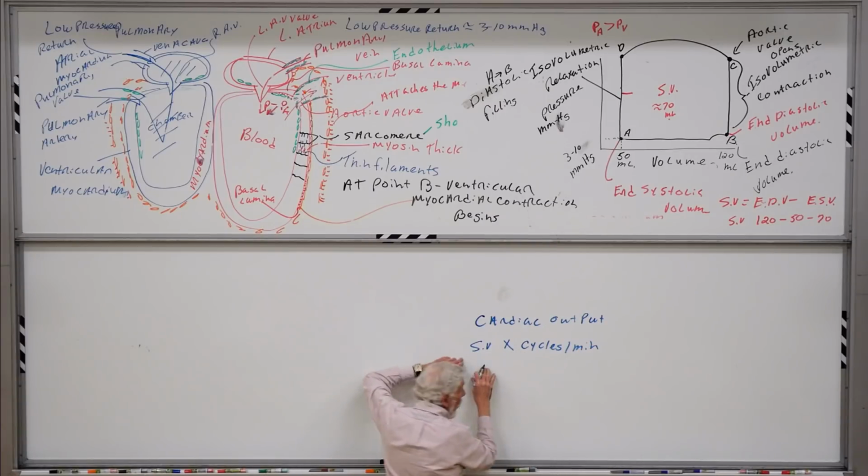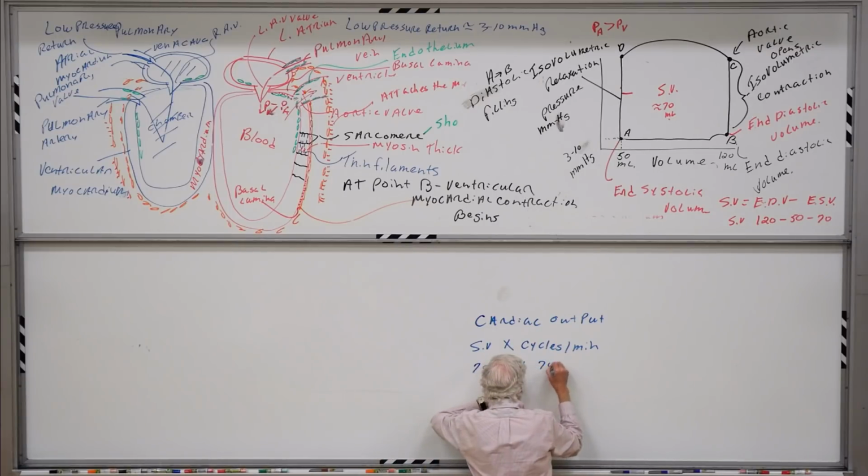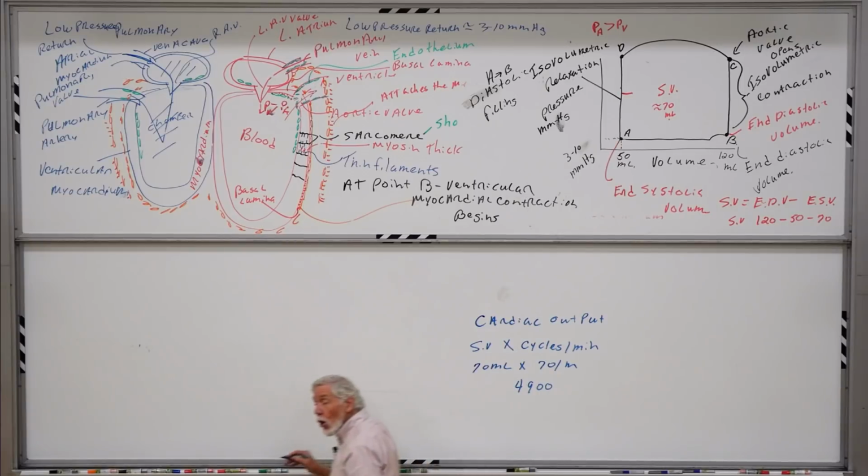And to give you a number, if you think of stroke volume as being 70 mils times, say, 70 beats per minute, every minute that you're sitting there quietly, you're pumping almost 5 liters of fluid through the heart. What we'll talk about tomorrow is something called Starling's Law. And Starling's Law simply says the more blood that comes into the ventricle during diastolic filling, the more that will go out during systole, and we'll describe that tomorrow.